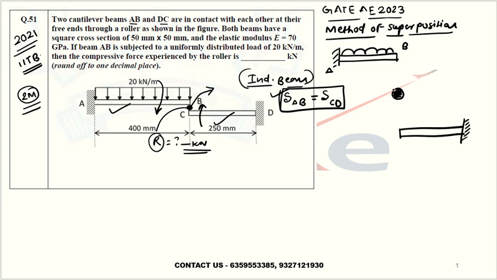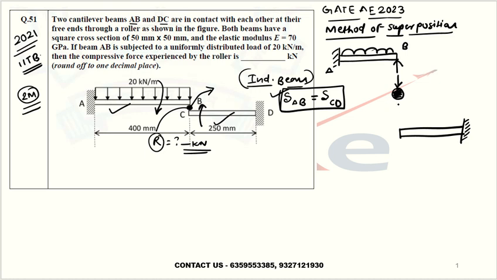Now if I separate both beams with the roller, what will happen? When your beam bends in this way because of the UDL, it will provide a compressive load to the roller. According to Newton's third law, there will be a reaction to the upward side.